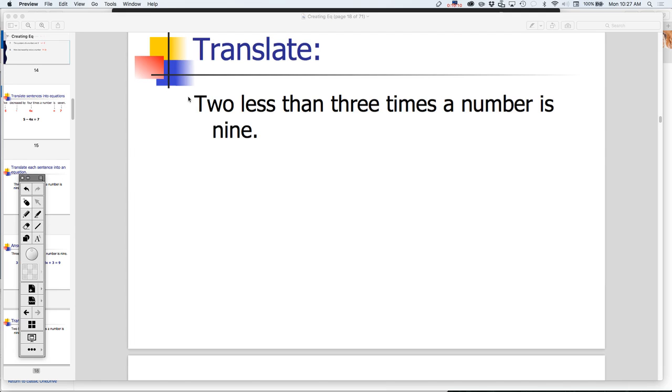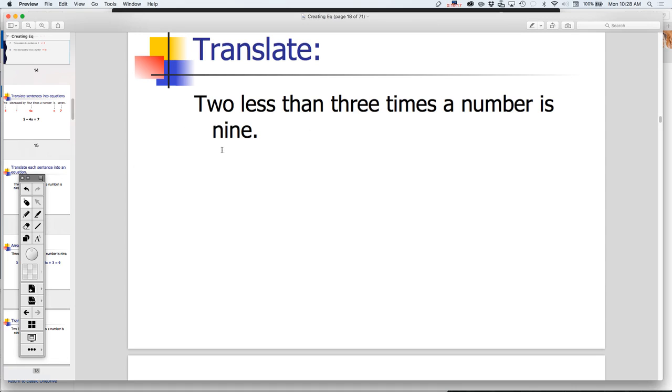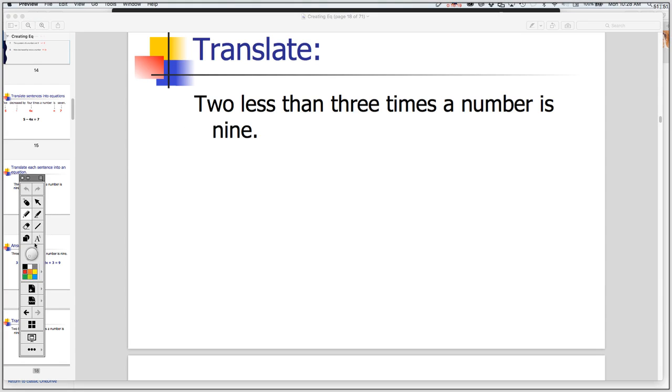I'm going to put 9 up here like the last one. Let me change this to white. Okay, so we have 2 less than 3 times a number is 9.